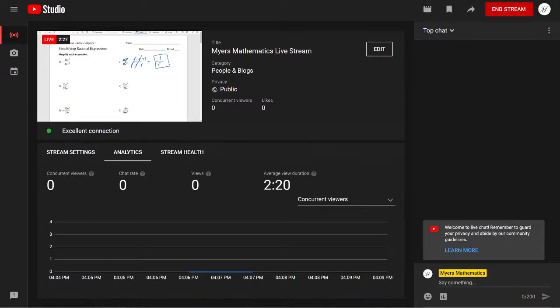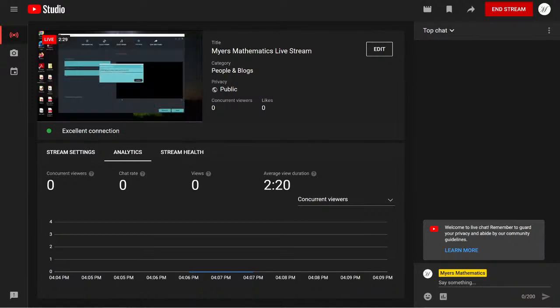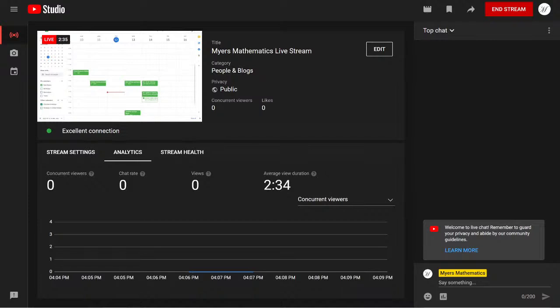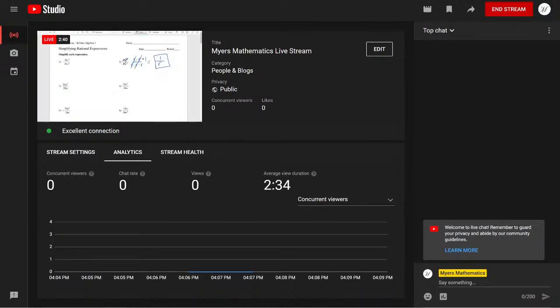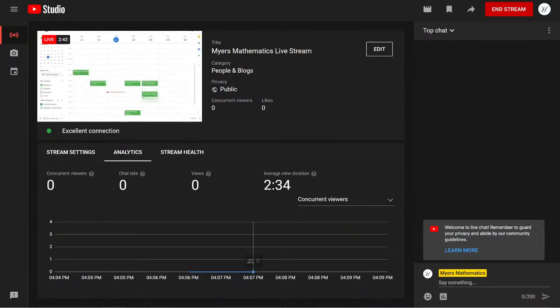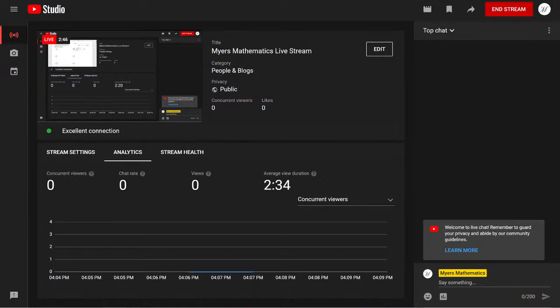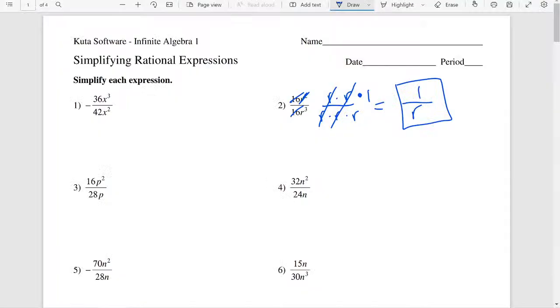I'm going to try to maybe go back and forth between the two screens here and just figure out what's going on as we go. So I'm back here now at the studio looking at what's going on, and here we go. Okay, so I guess I'll need to switch back and forth here as I go, but I'm going to try to figure this out, so bear with me. It's the first time I'm doing a live stream here.